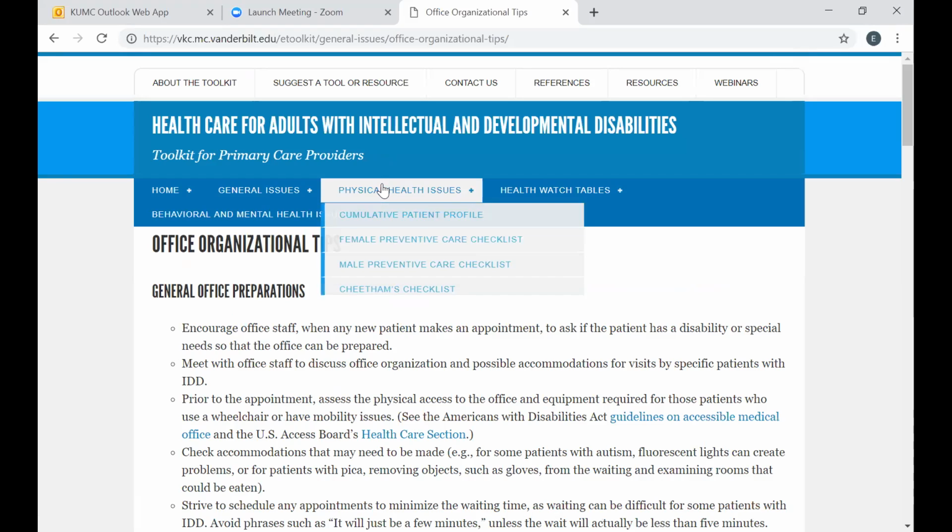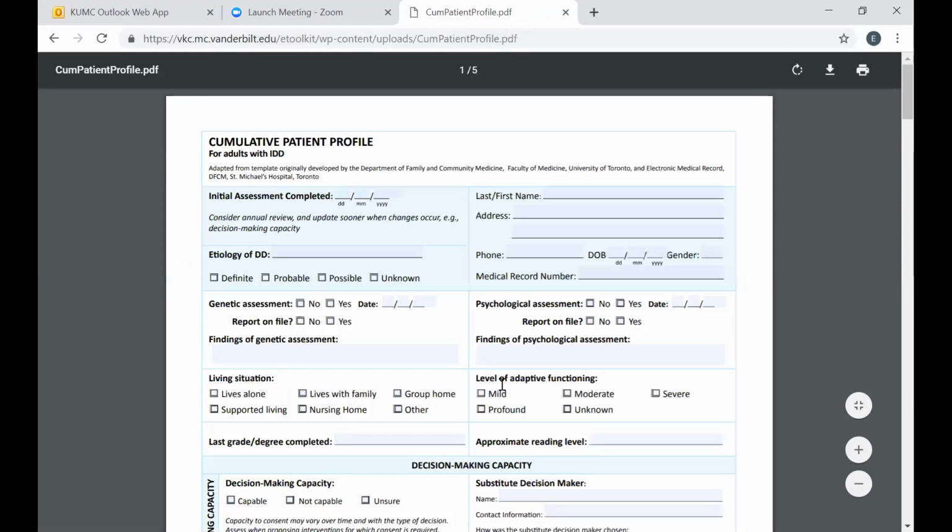So then there are the physical health issues. Let's see, I was going to show you. The other thing on here is the cumulative patient profile, and I felt this was helpful. I have patients with intellectual developmental disability in my patient panel, but I've also started, and I see Moya Peterson is on here, an adult Turner syndrome transition clinic.